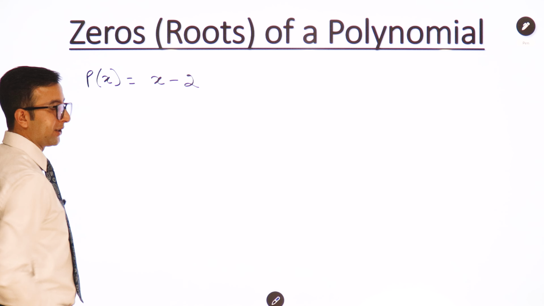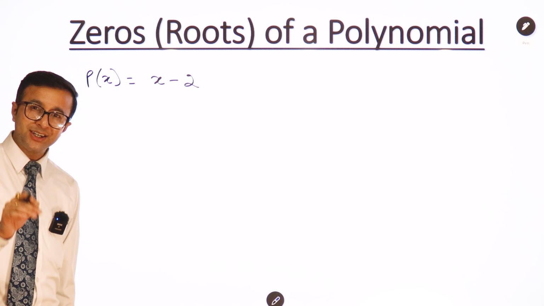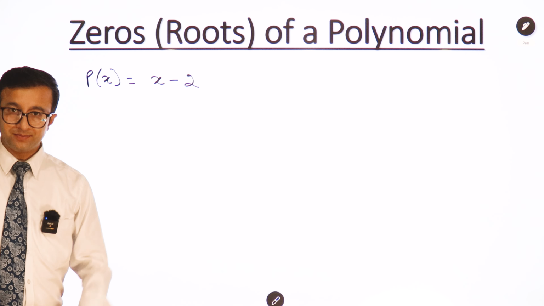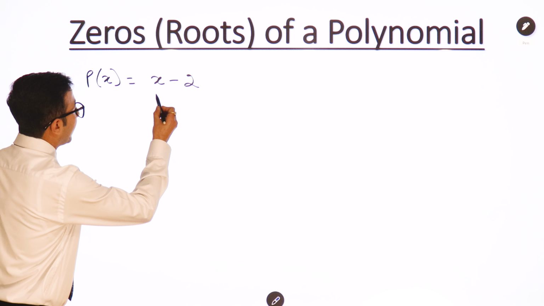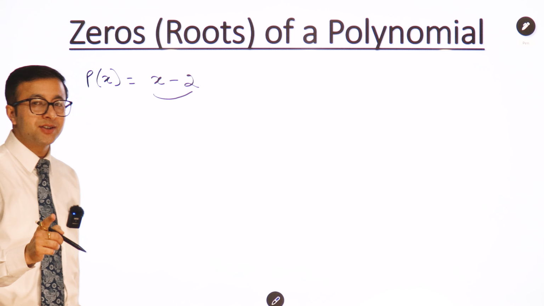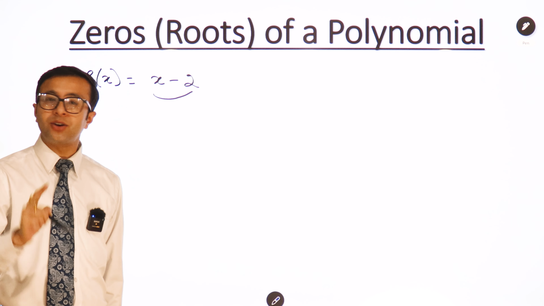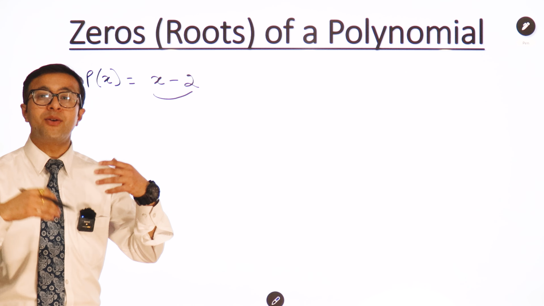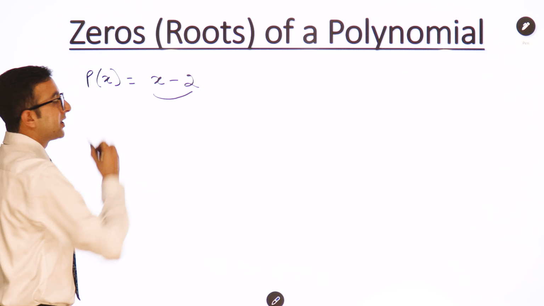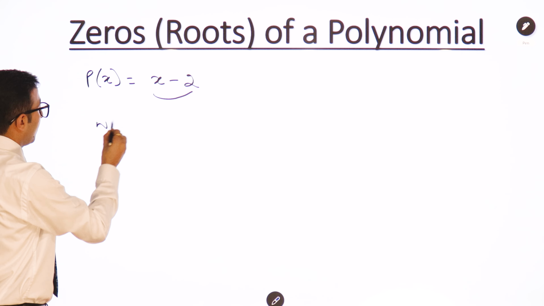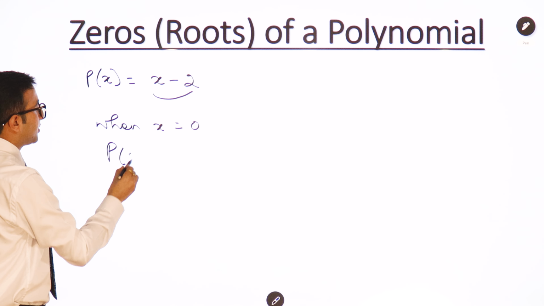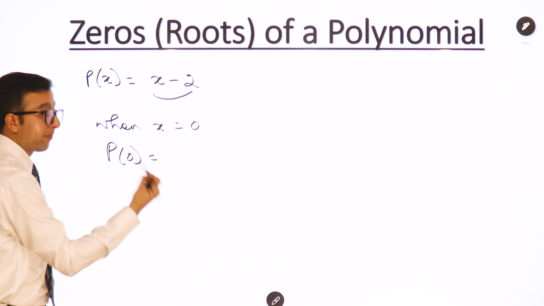A simple example: just think of any number which makes this polynomial 0. But look at here, in this case we cannot change the value of 2. 2 is fixed, that is a constant, but the variable is x. Just try to find the value of x which makes this polynomial 0. Let me try once. When x is equal to 0, p of 0, so x is replaced with 0.